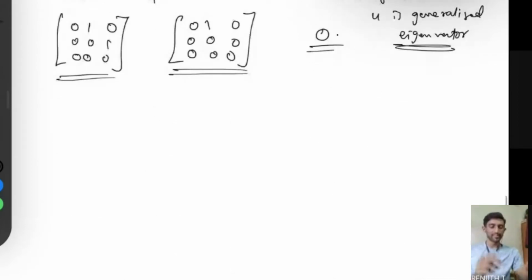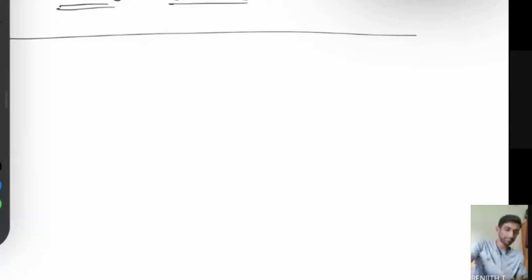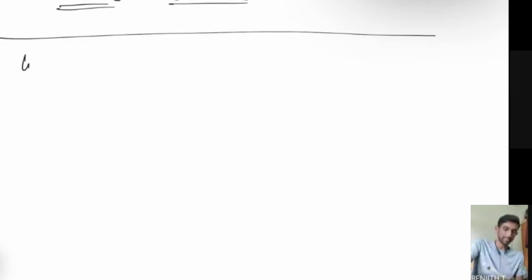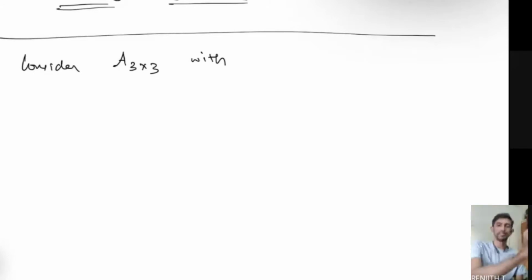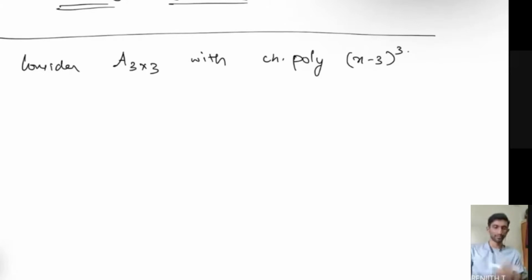Okay, so I'll give one example with a non-nilpotent matrix. Consider a 3 by 3 matrix A with characteristic polynomial (x minus 3) cubed. For simplicity, I am taking the same characteristic values. So there are 3 characteristic values, but all 3 are 3.